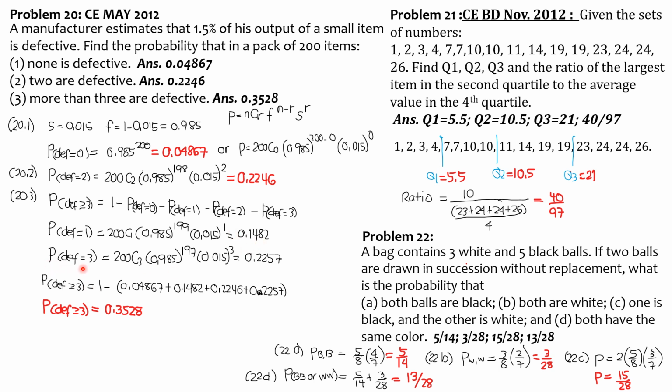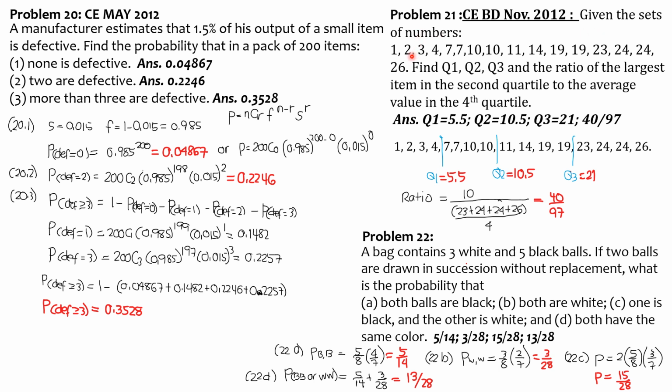If exactly 3 are defective, so 200 combination 3, 0.985 to the 197, 0.015 to the 3, 0.2257. Substitute into the formula: 1 minus the quantity 0.04867 plus 1 defective item, 0.1482, 2 defective items, 0.2246, plus 3 defective items, 0.2257, and that's 0.3528.